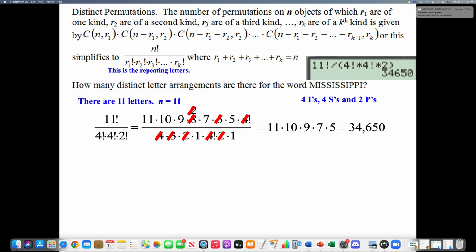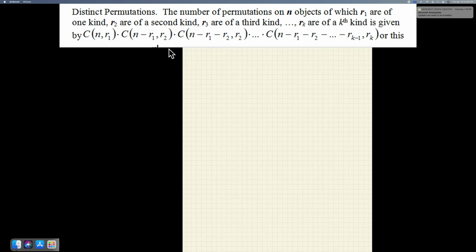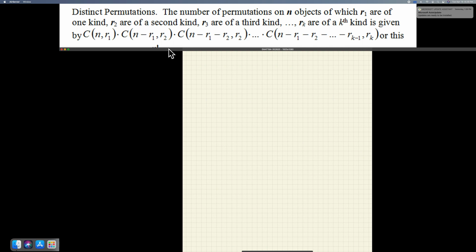Okay? And the other thing I want to quickly show you so you understand what I'm talking about for a distinct permutation. Okay? So with the word Mississippi, Mississippi. Okay?